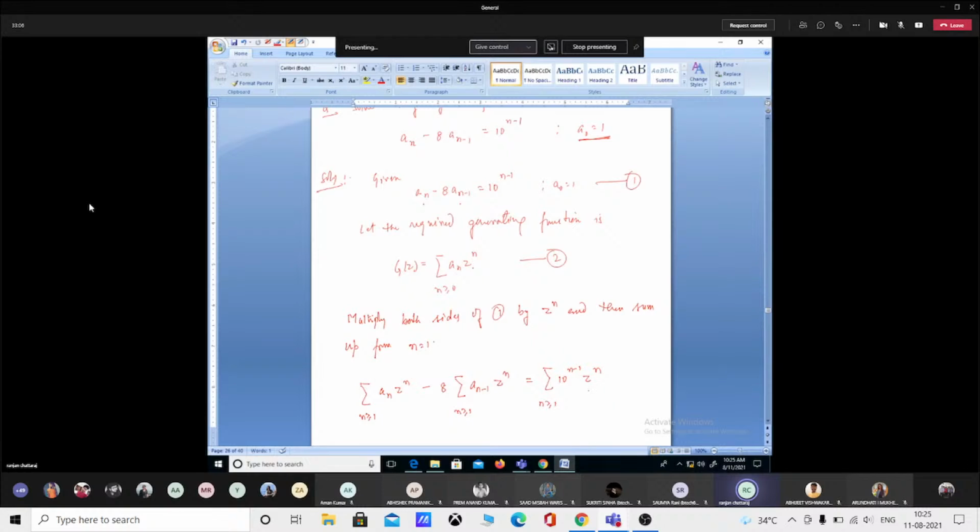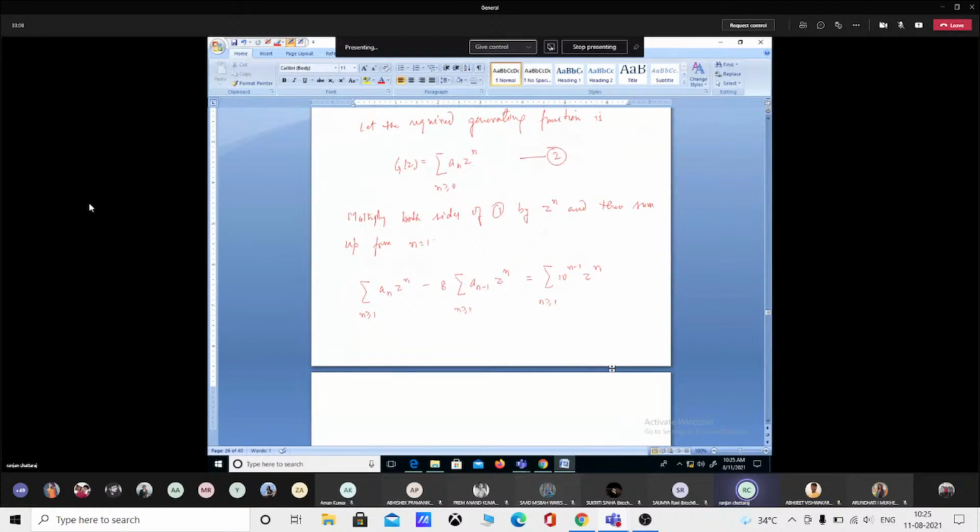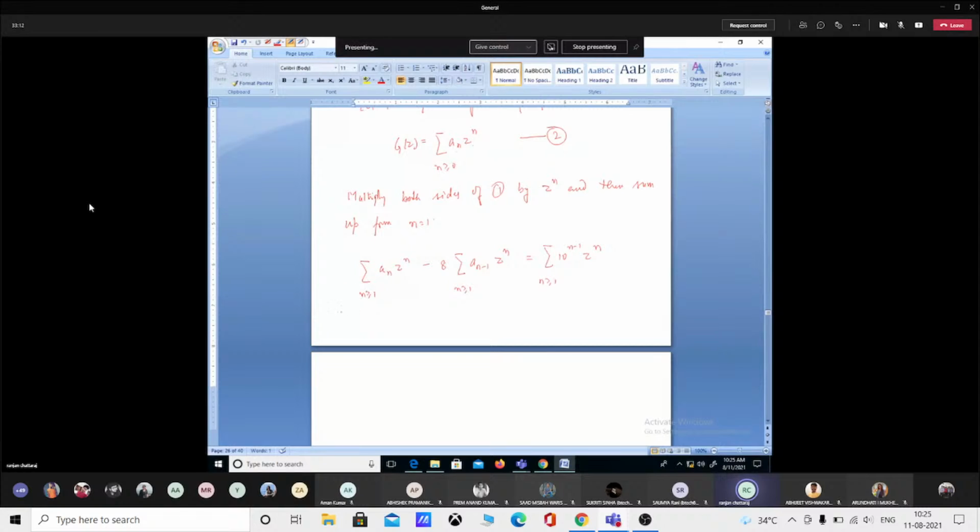Now solve it. Is this step clear? Here it starts from n equal to 1.